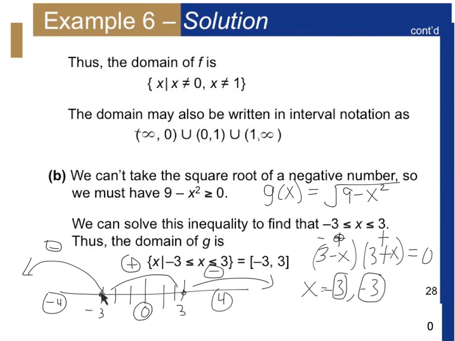So this would be our solution. Minus 3 to plus 3, and we include the endpoints because we're including equal to 0 there. So this domain is a little bit more complicated. So there's our domain, is this thing right here. Set of all x such that minus 3 is less than or equal to x, which is less than or equal to plus 3, or we can just write it as minus 3 to plus 3 with brackets as an interval.